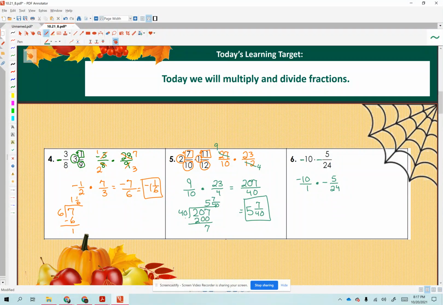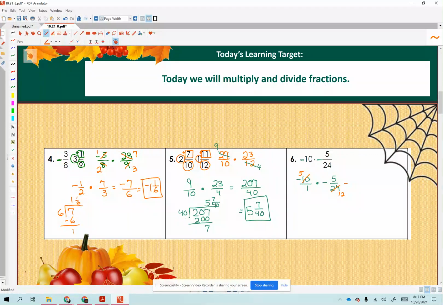Now, on the diagonal with the 1 and the 5, there's nothing to simplify. I already have a 1 in the denominator. But in terms of the 10 and the 24, I can divide both of those by 2. So 10 divided by 2 is 5, and 24 divided by 2 is 12.